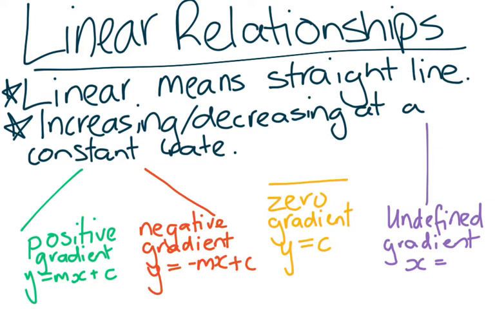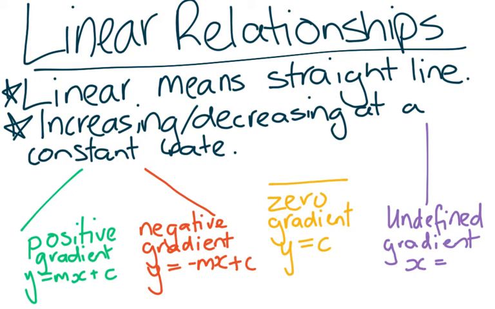We then have a red line, and the red line shows a negative gradient, which slopes downhill, left to right. And the only difference here is that I've written the general formula as y equals negative mx plus c. And that's because the gradient is now negative. The yellow line shows a horizontal line, which denotes a gradient of 0.